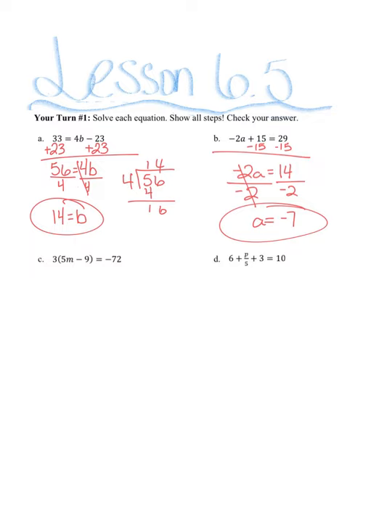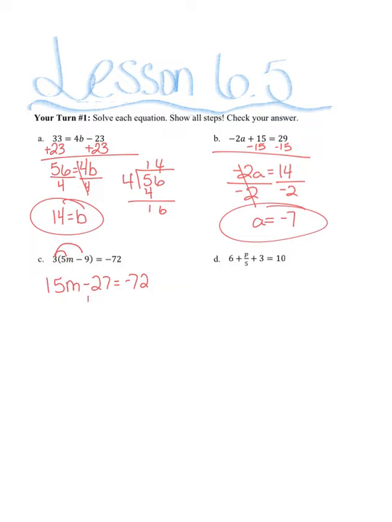In part C, we can see here on the left side that the very first thing I must do is simplify, and I'm going to do that by using the distributive property. So I'm going to take 3 times 5m and 3 times negative 9. So really I've got 15m minus 27 equals negative 72.